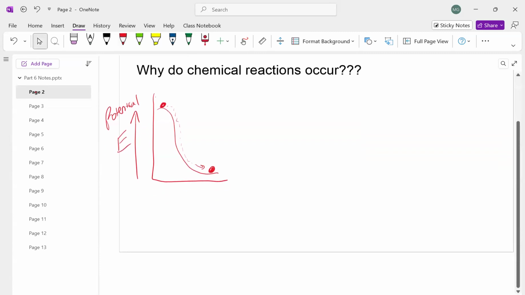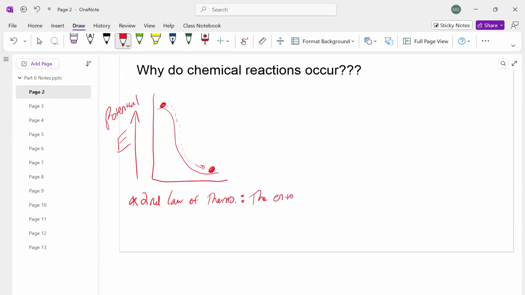And chemical reactions are pretty much governed by the second law of thermodynamics, which, if you remember that from GChem, says the entropy of the universe is always increasing.